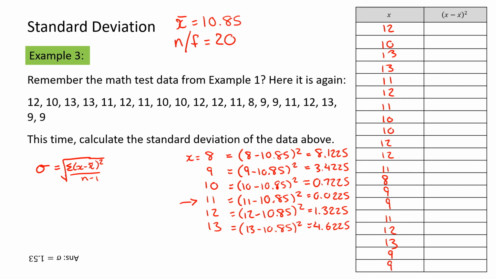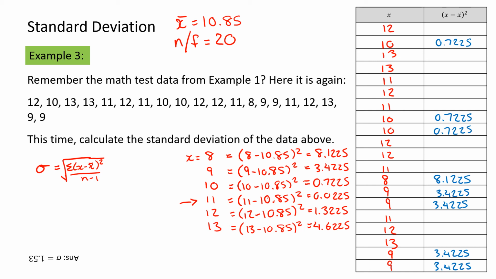This table is just used to tabulate this data. So for x is 8, here we have 8.1225, so we're going to put it in here, 8.1225. For 9, we have 3.4225. I'm going to put it in each of the cells that has 9. For 10, it's 0.7225. So, starting at the top, everywhere I see a 10, I'm going to write that in.